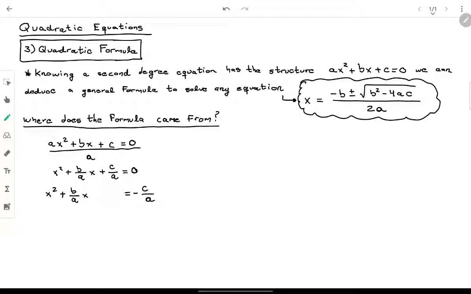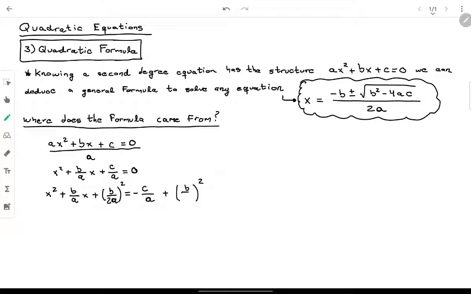Then we need to complete the perfect square trinomial. Remember, we must have something squared that completes the trinomial, which is going to be the middle term, b over a, all of it divided by 2, so it's going to be b over 2a, all of it squared.